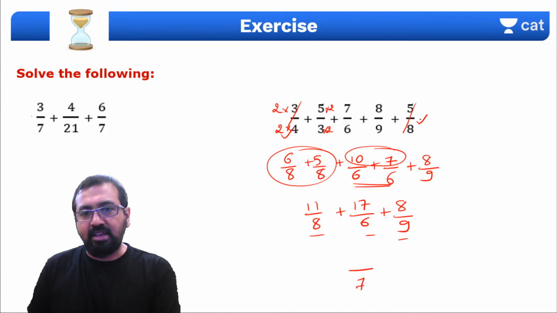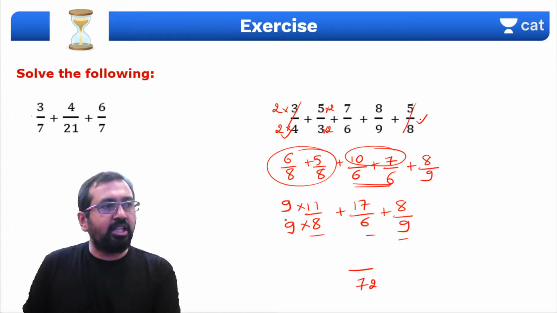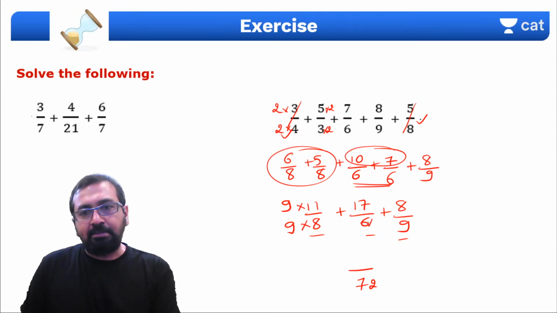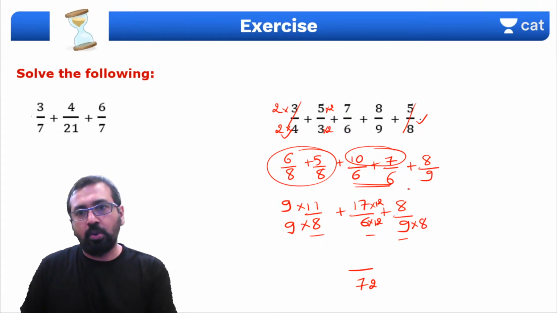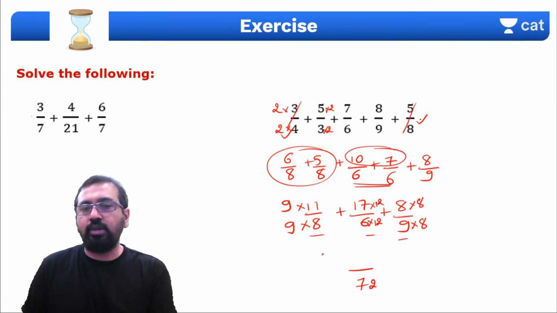So let's write 72 in the denominator, and to make this one 72 you will have to multiply by 9, so multiply the numerator also by 9. Multiply by 12 over here also, and multiply by 8 over here also.